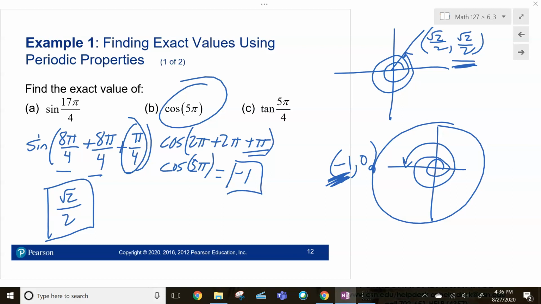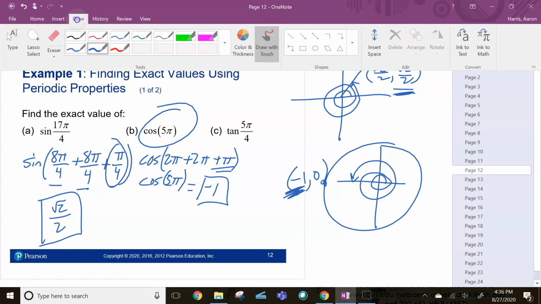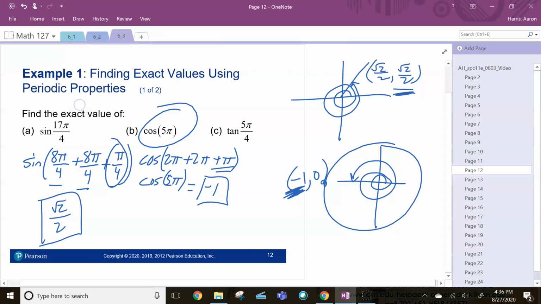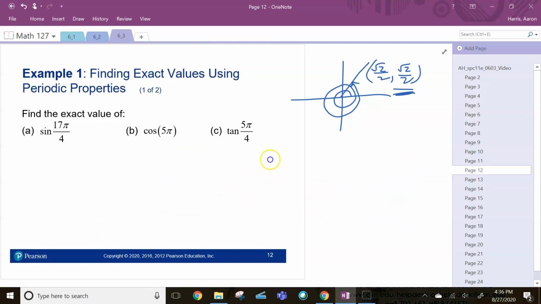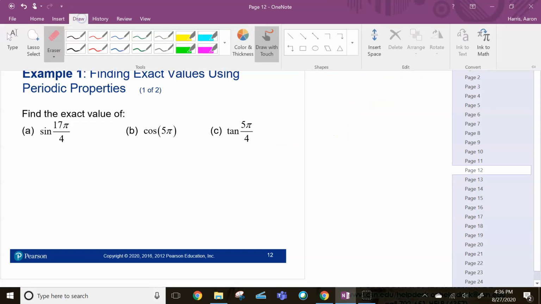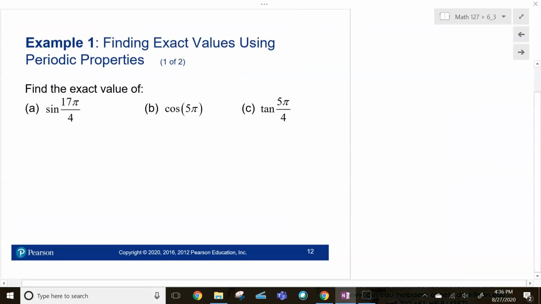Let's do the last one there, tangent 5 pi fourths. 8 pi fourths is more than 5 pi fourths, so it's not once around.